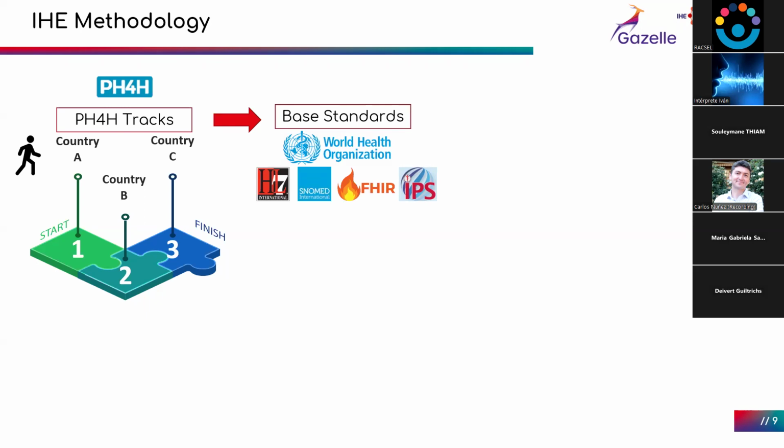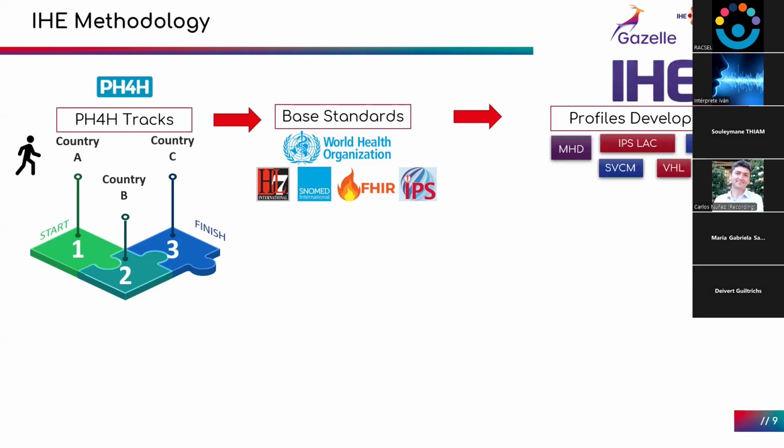So IHE and PH4H select existing standards, such as some standards created by WHO, like for example ICVP, or the patient summary in the International Patient Summary standard, and also some FHIR profiles to help with the sharing of the patient summary from a country to another country or from a country to their FHIR server. Based on these standards, IHE has created some profiles.